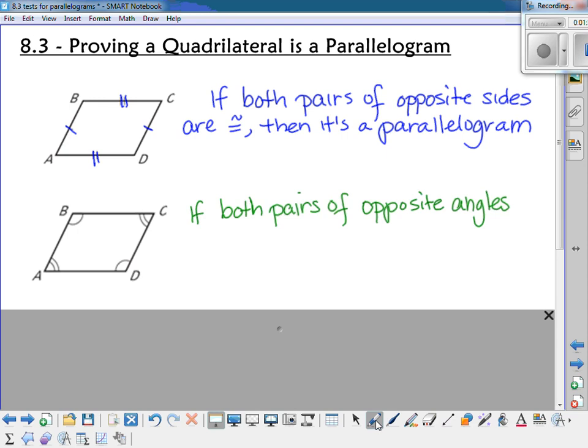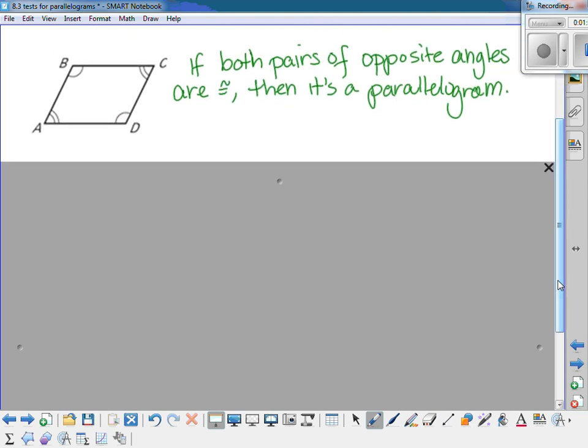Okay, so if both pairs of opposite angles are congruent, then it's a parallelogram. Okay, so we can use these properties to solve problems.